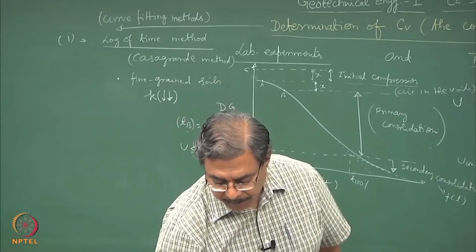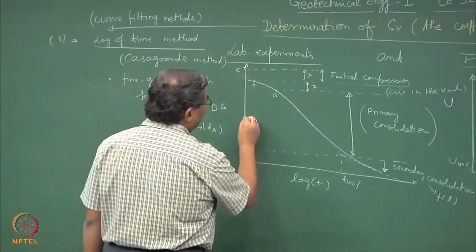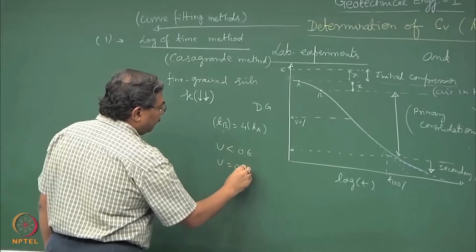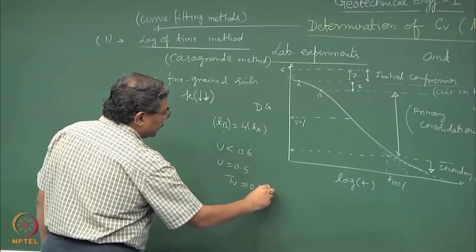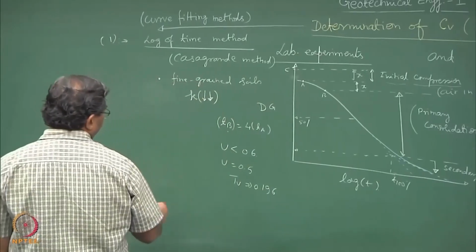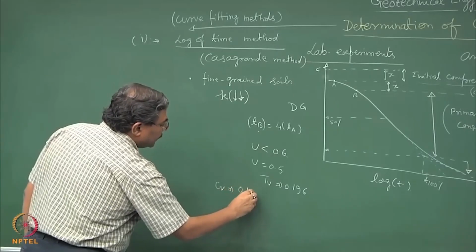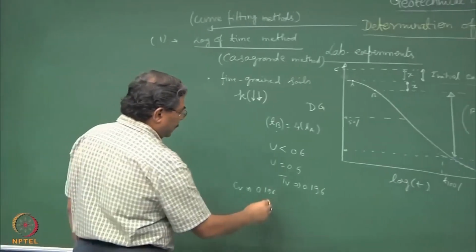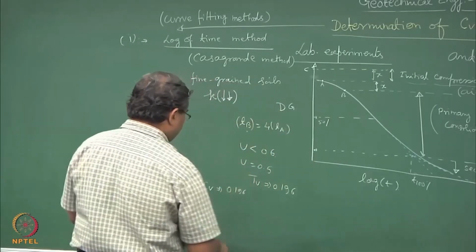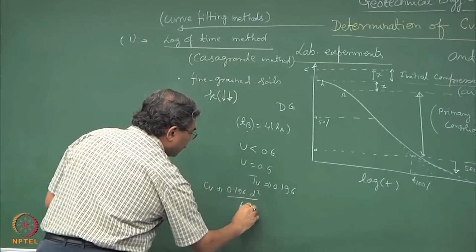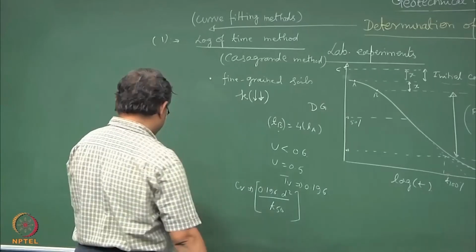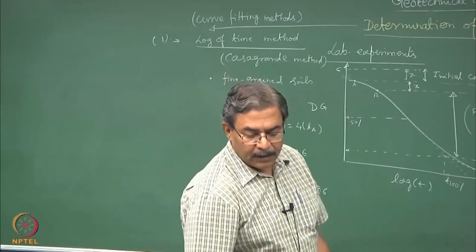So, if I want to find out, let us say for 50% consolidation, I can use this function that for U equal to 0.5, the Tv is equal to 0.196, and hence Cv will be equal to 0.196 d square upon t50, where d is the drainage path and t50 is the time required for 50% consolidation to occur.